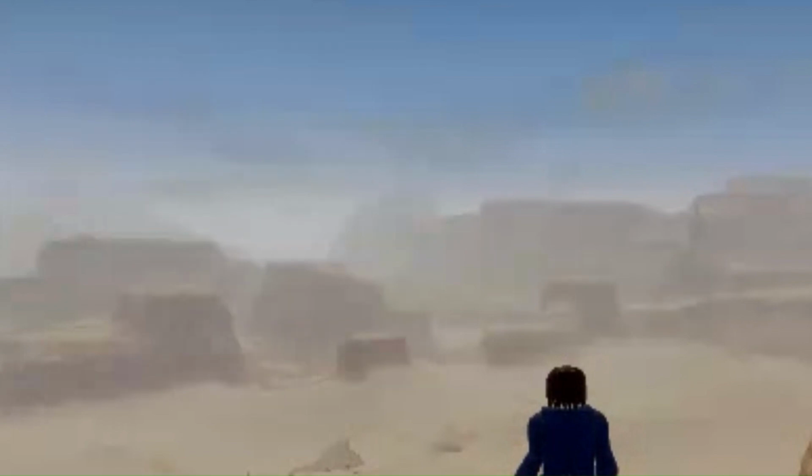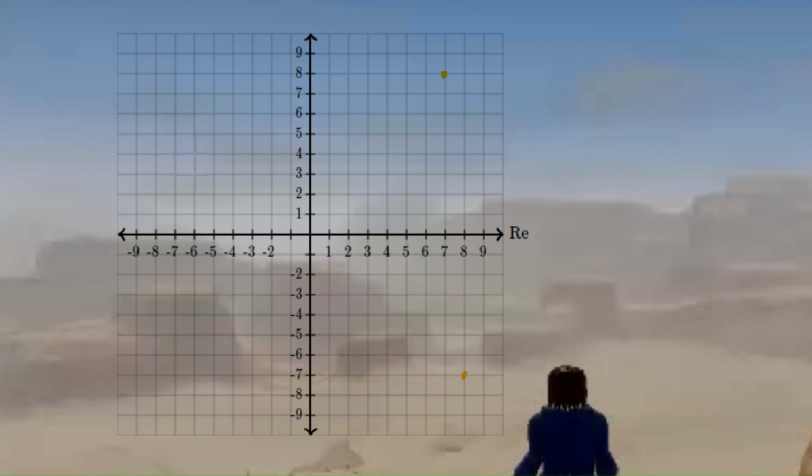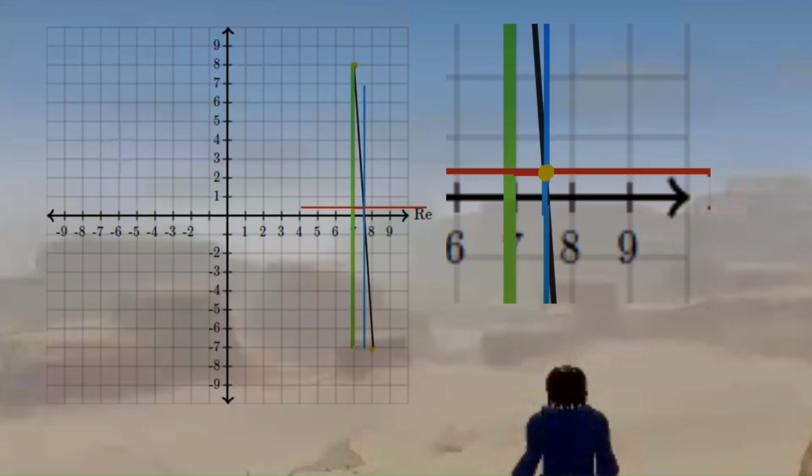For example, if we want to find the midpoint of the complex number points 7 plus 8i and 8 minus 7i, then the midpoint will be 7.5 plus 0.5i, because its length will be 1 and height 15. Then the midpoint will be 1/2 and 7.5 away from their initial point, and we can locate the midpoint by the two lines intersecting each other.